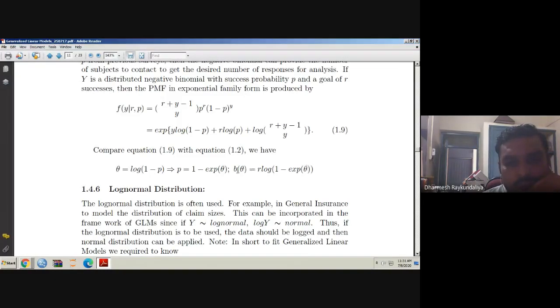What is a phi? A phi is here 1. So just b theta is given, then calculate b double dash theta, and then find out the mean and variance. Okay. So I hope you can solve this very easily.